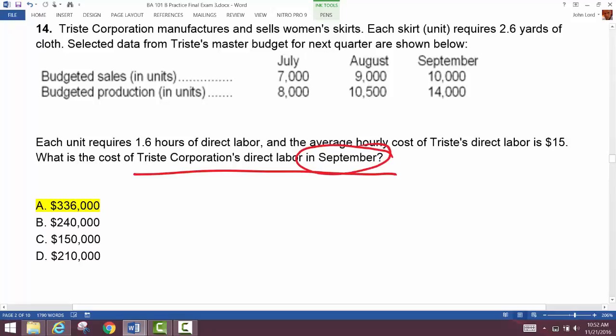September, okay, and so they tell me that in September the budgeted production is this, what? 14,000 units. Am I picking up the right number here? Okay, so it's 14,000 units, and so I'm going to pick up that 14,000, and it's supposed to take how much per item?